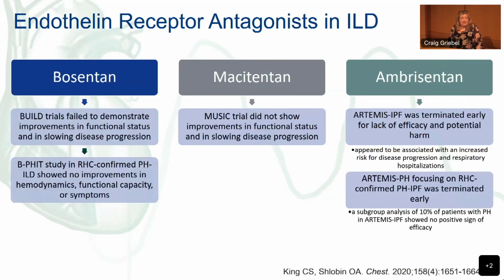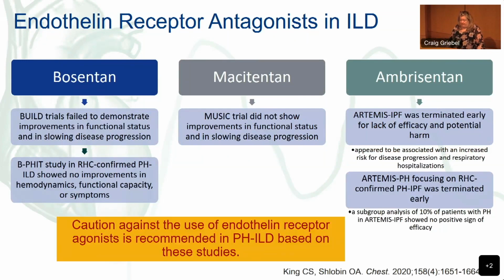So here's a summary of our ERAs. All of them, they've tried. The BUILD studies: there were BUILD 1 and 2 in IPF and scleroderma. There was BPHIT, which had right heart catheterization confirmed PH-ILD. That was negative.